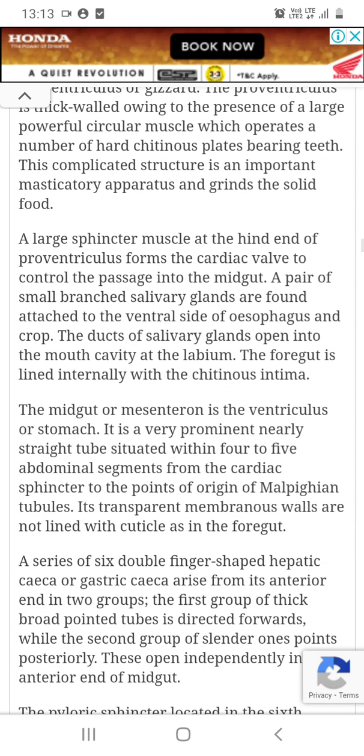A large sphincter muscle at the hind end of the proventriculus or gizzard forms the cardiac valve to control the passage into the midgut. A pair of small branched salivary glands are found attached to the ventral side of the esophagus and the crop.